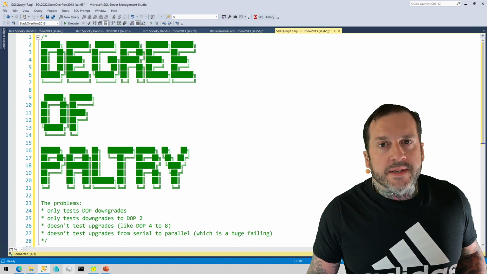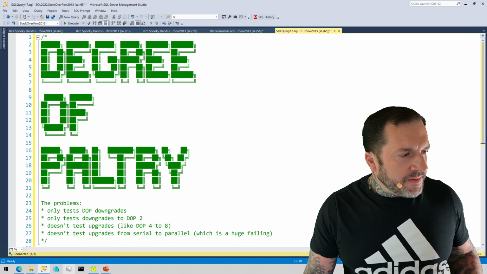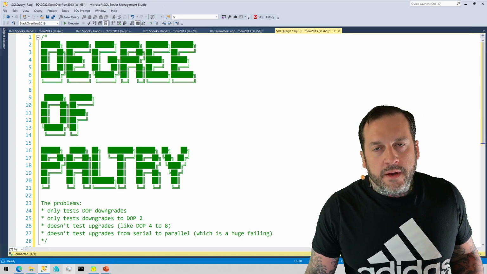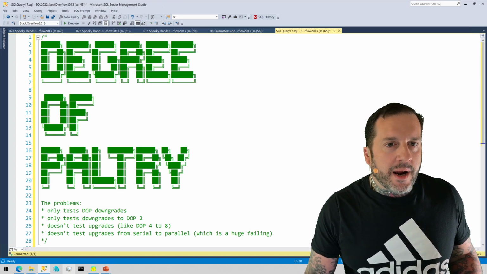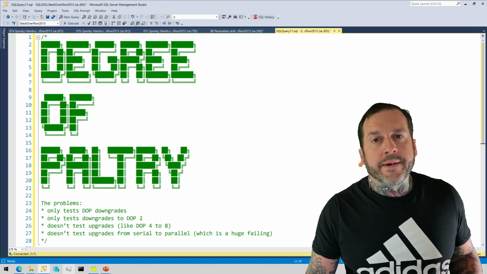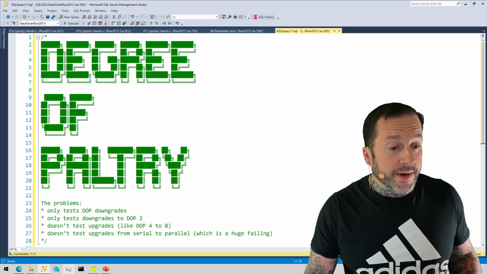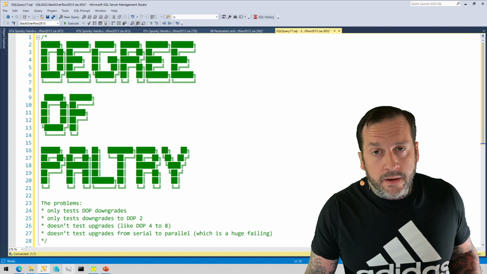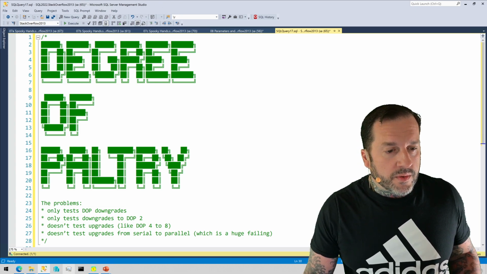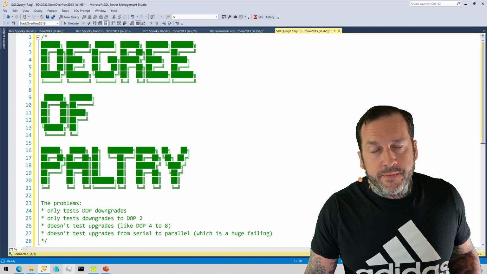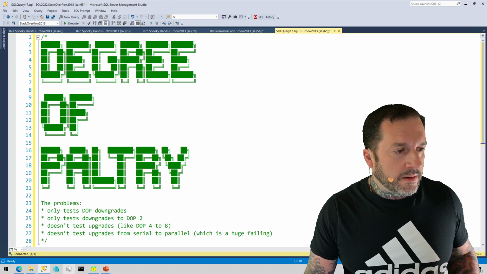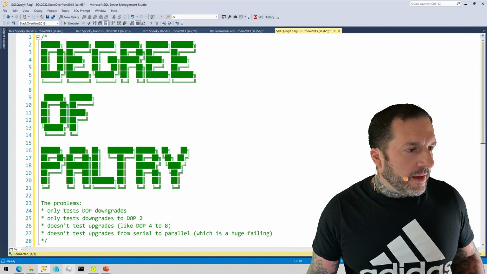It only tests downgrades to DOP 2, which means that you will have at best a minorly parallel plan. SQL Server will not test if going down to a single-threaded plan would not detract from query performance at all. So that's kind of silly.